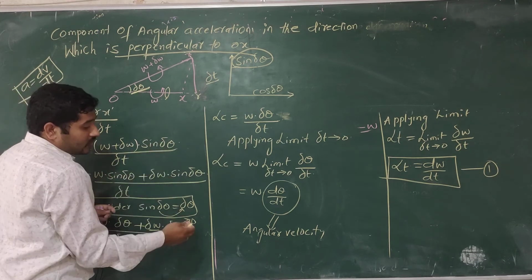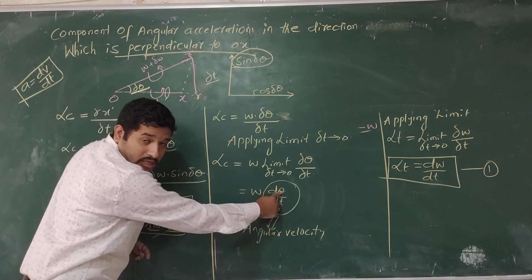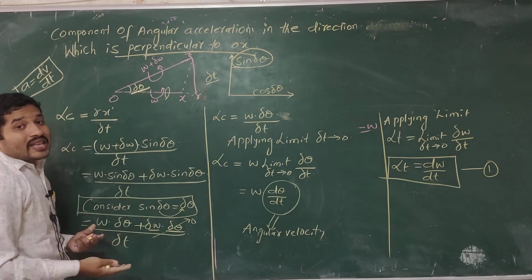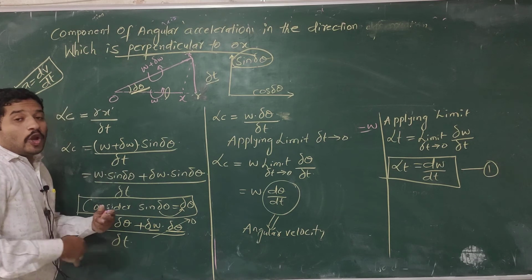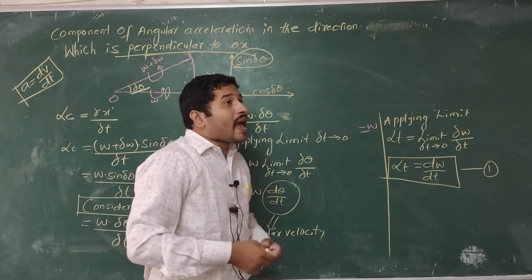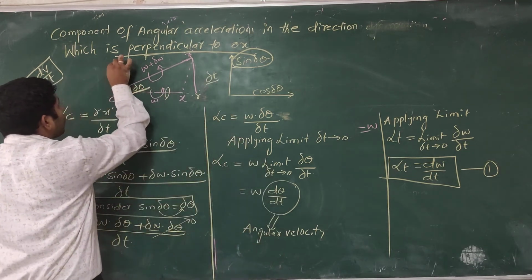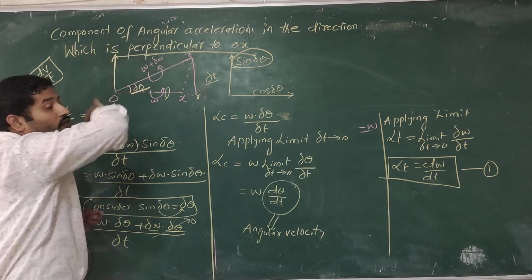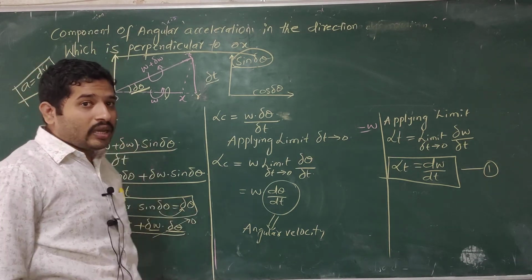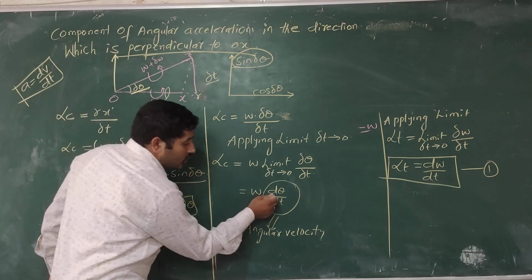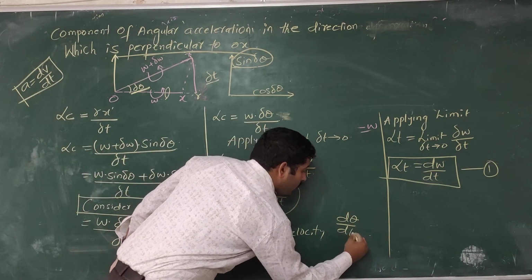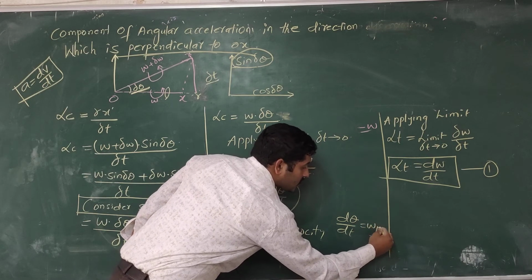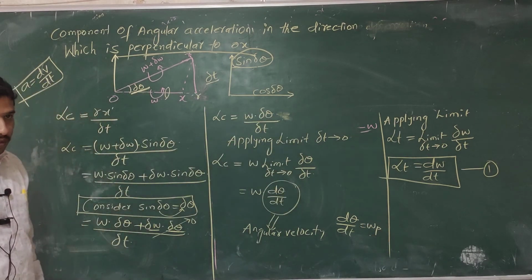So this delta theta by delta t we can say is angular velocity, sometimes called angular velocity of precession. Wherever d theta by dt is there, you have to represent it as omega p.